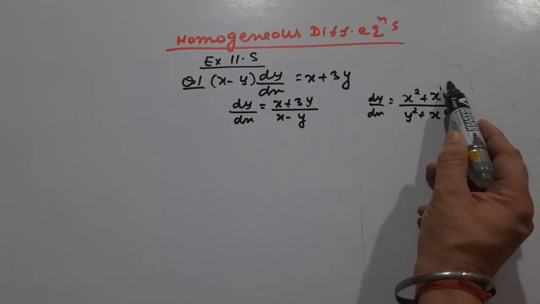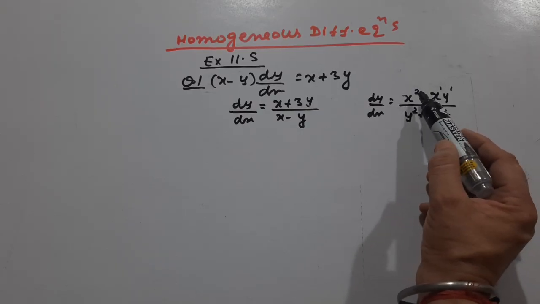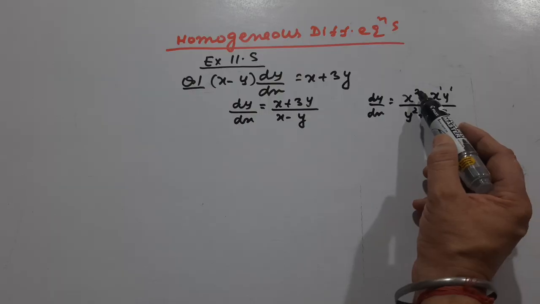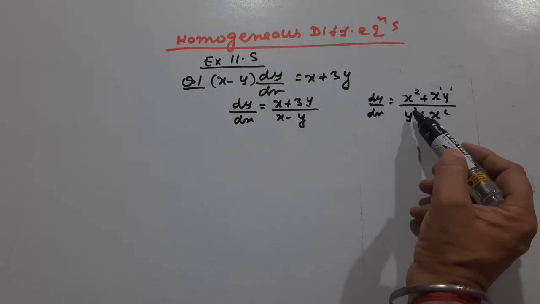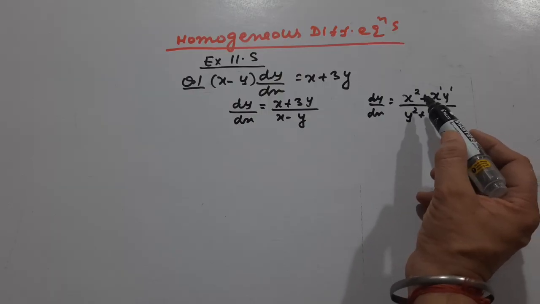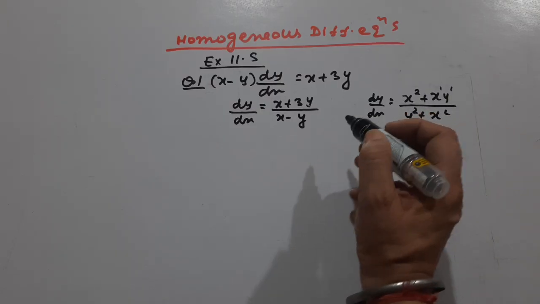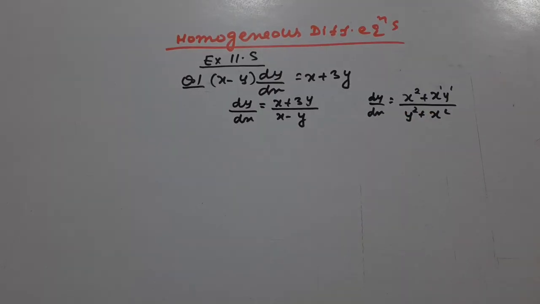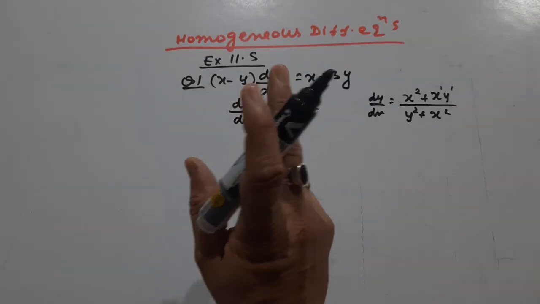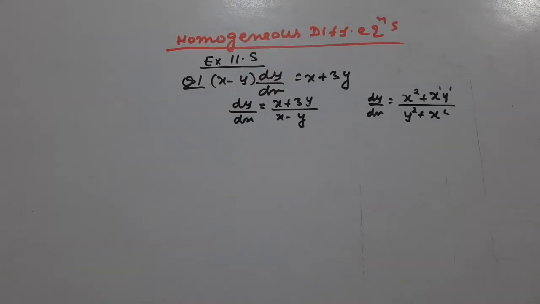So it means throughout, the degree of the equation is 2 in the numerator as well as in the denominator. So if the degree is the same in the numerator and the denominator, then we can say that the equation is a homogeneous differential equation.